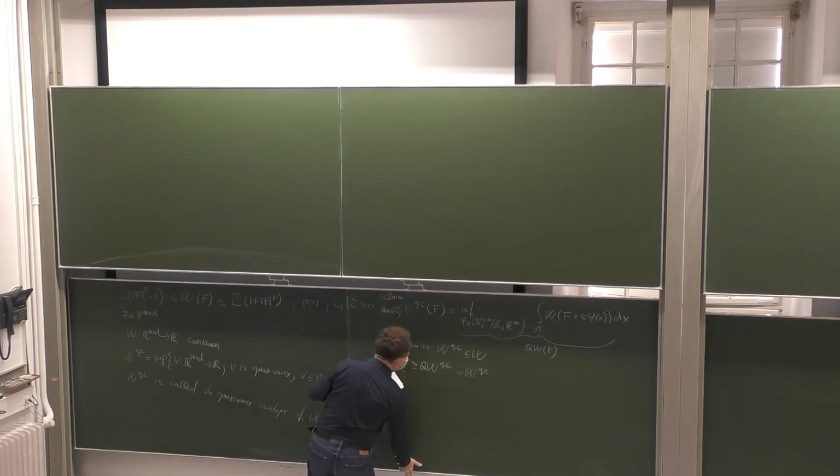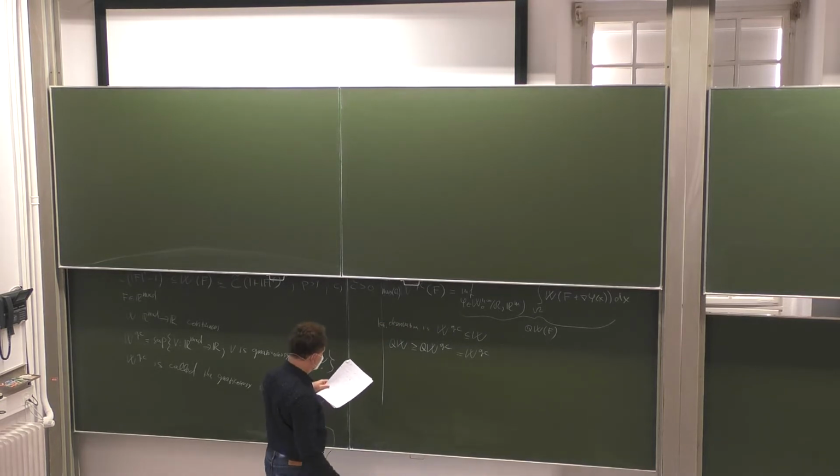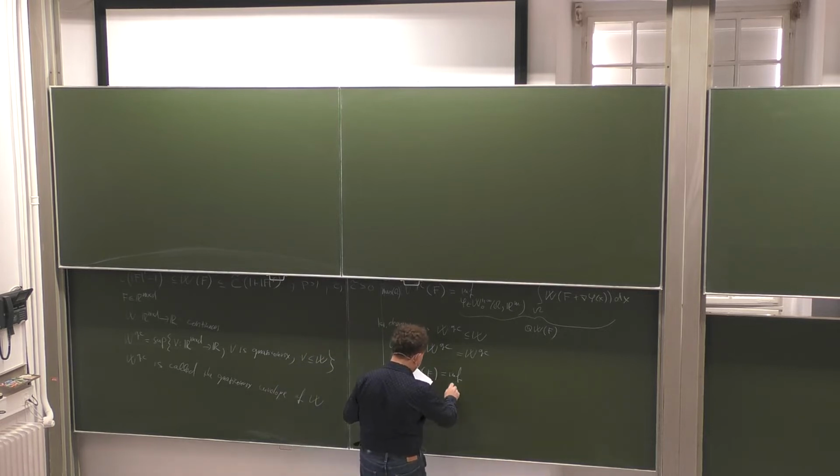Because we say WQC at a given point F is the infimum over φ in W^{1,∞} with the zero boundary condition, Ω times R^m.